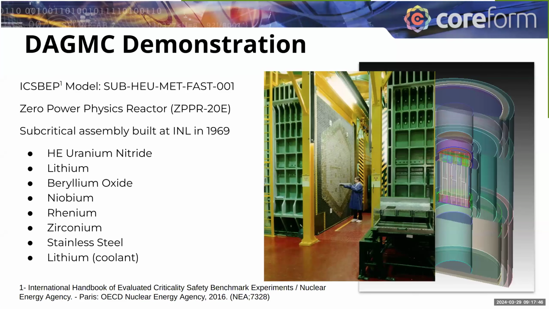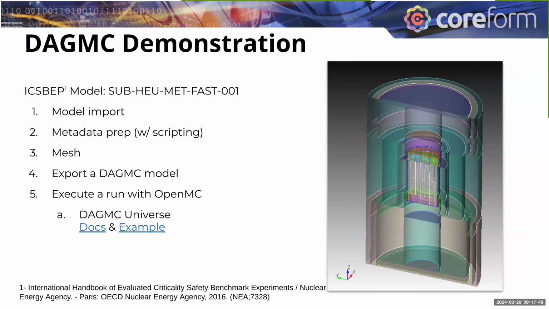So what we'll be doing today with this model is walking through a model import within Cubit. We'll be doing some metadata prep primarily with scripting. So we're going to be leveraging that capability within Cubit to do something once, a generalized operation, and describe that in a Python script, and then be able to reproduce that going forward. We'll talk a little bit about meshing this model for DAGMC, and then we'll export that model. And for simplicity today, we'll go ahead and run this model with OpenMC as opposed to MCNP.